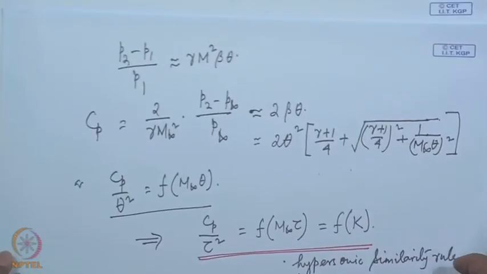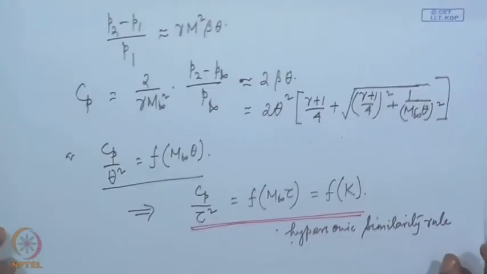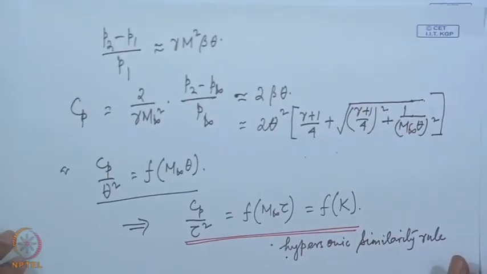This is of course a very indirect type of estimation of the supersonic hypersonic similarity rule, where we have not considered the governing equation for hypersonic small perturbation equation, and also have not considered the boundary condition.